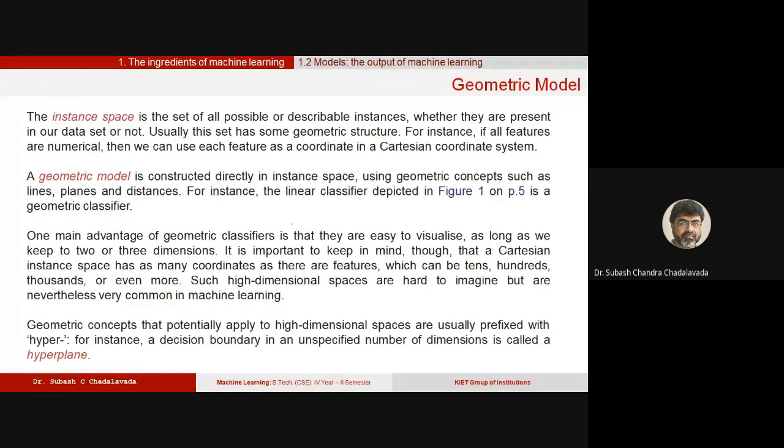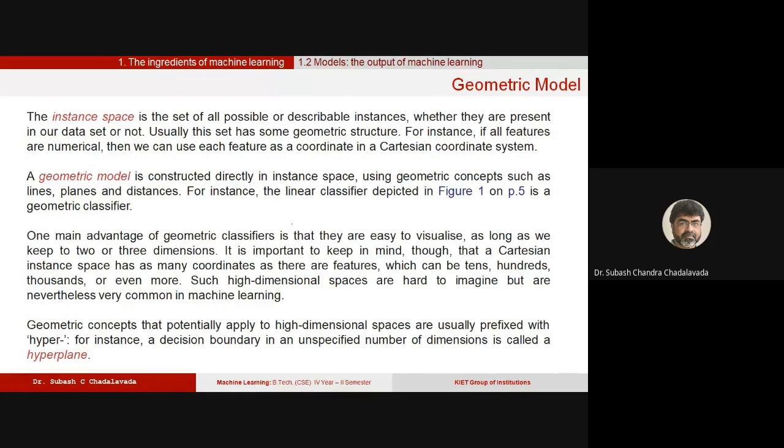We'll see in the next slide. Before going to that, what is the main advantage of a geometric classifier? The first thing is it is easy to visualize, because you can easily understand a graphic rather than data in a table, right? So it's easy to visualize.